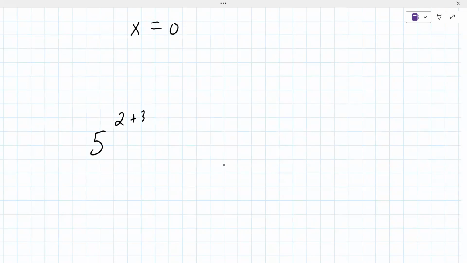Okay, now let's try this one here. 5 to the 2 plus 3x equals 1/5. For the fraction, you're going to convert the fraction to 5 to some power like we were talking about. Okay, I get it.